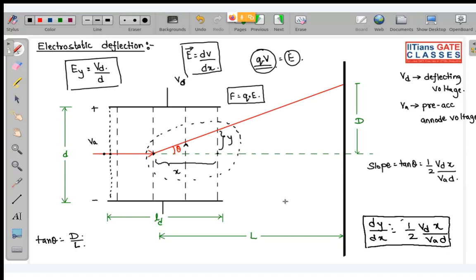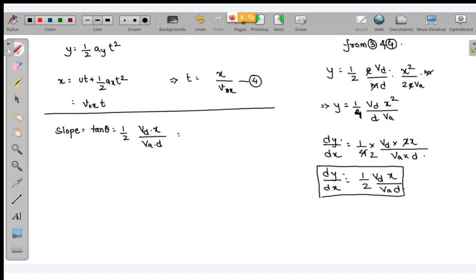So tan theta is equal to d by L, and d is equal to half Vd into x into L divided by Va into d.